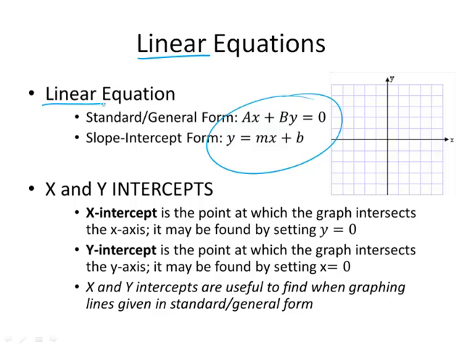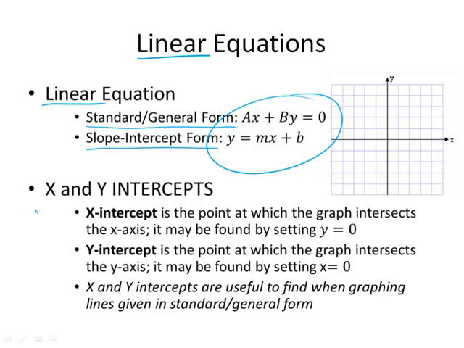They were linear. The other ones were not. They were curvy. So you usually have a linear equation given in one of the two following forms, either standard or general form, where both terms are used, or slope-intercept form. We will soon find out why it's called that in the upcoming lessons.